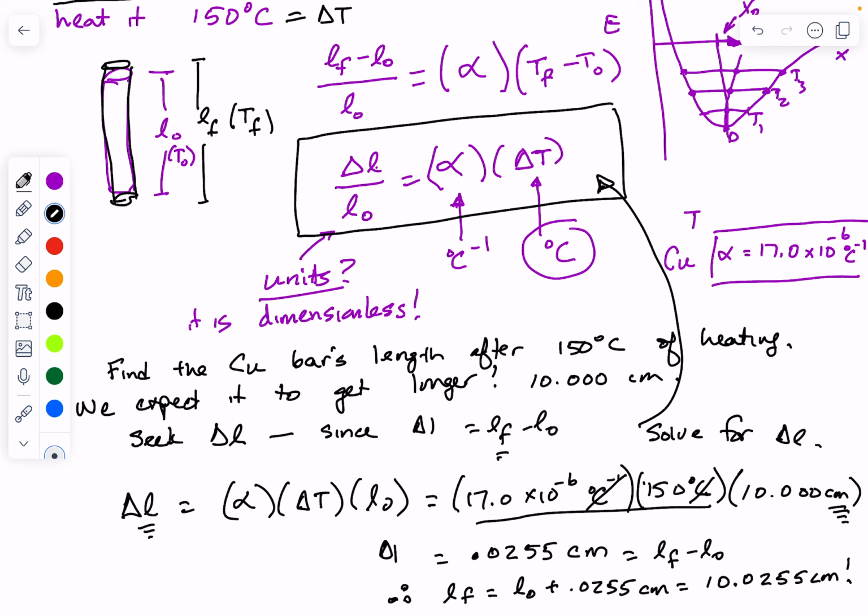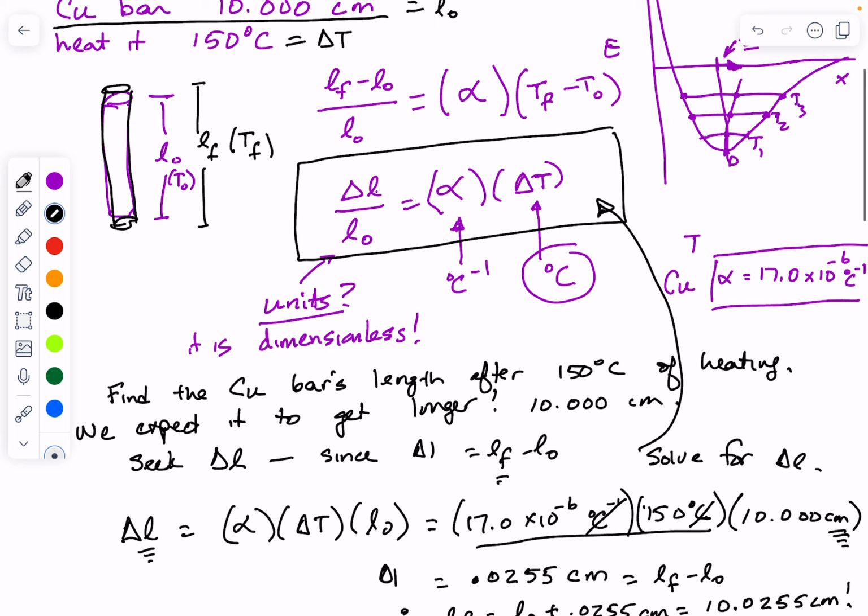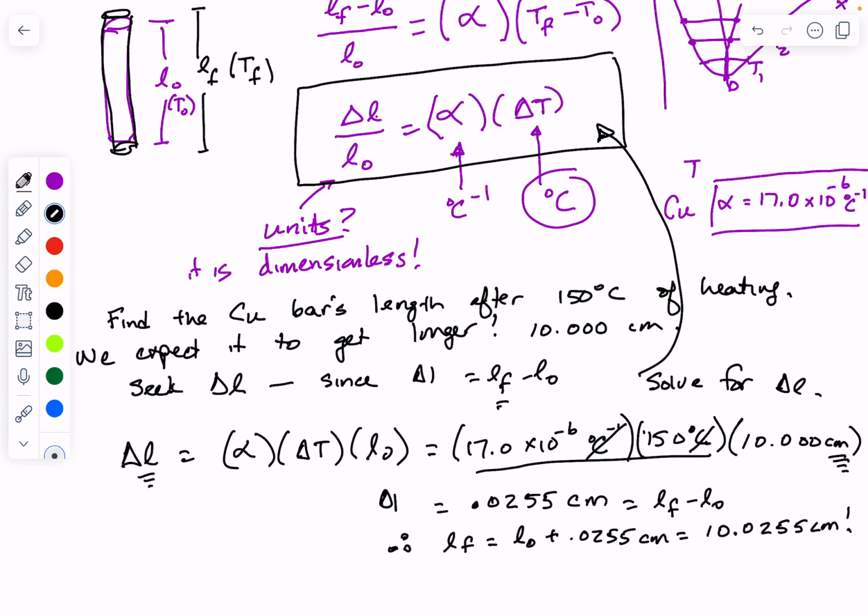And since the original problem only gave us 10.000 centimeters, we should round this off and say that it's about 10.026 centimeters. So yes, it got longer, good, right? Good job. If it got shorter, we know we made a mistake because it was heated.